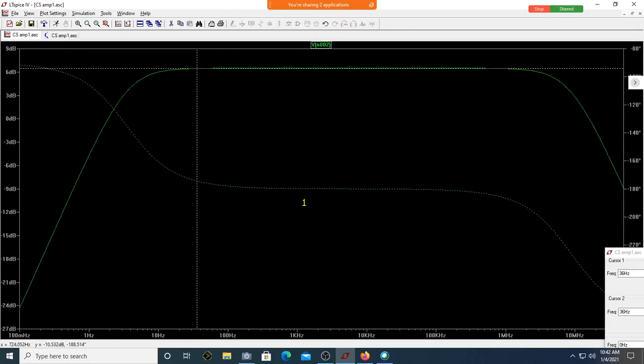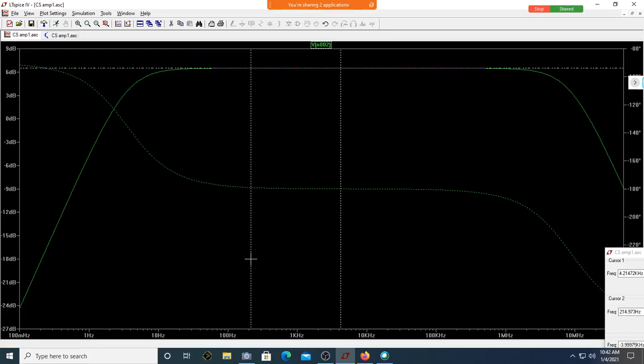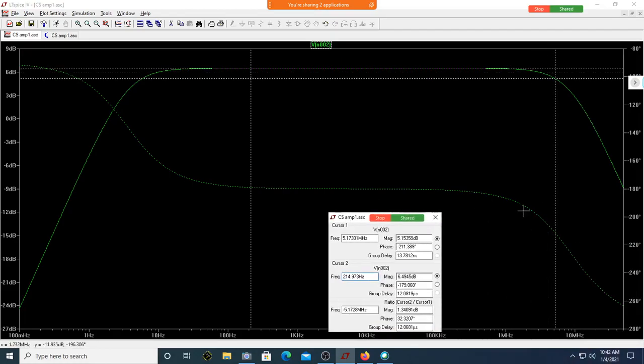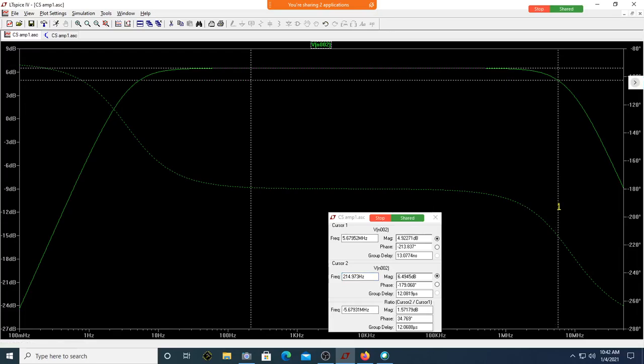How much is the expected cutoff frequency? 8 megahertz. Correct? From 800k, it is 10 times more, what we are expecting. Let us see what the bandwidth is. Let us take this. Are we looking at 3 dB down?